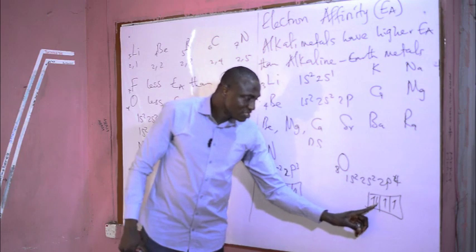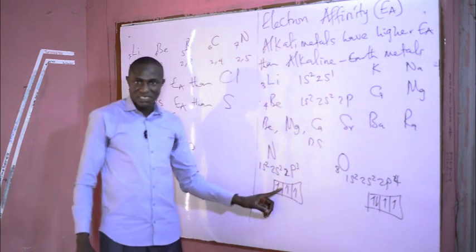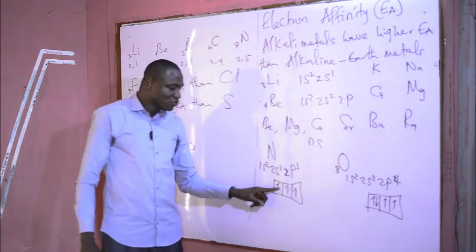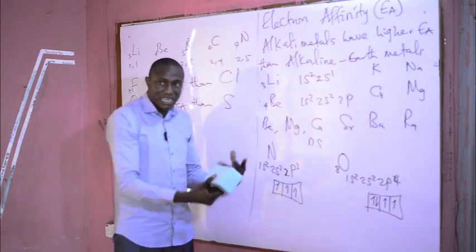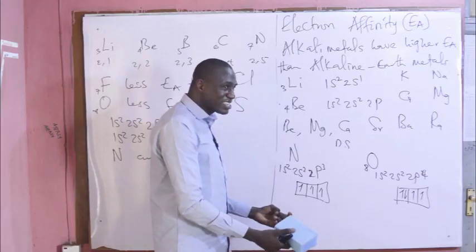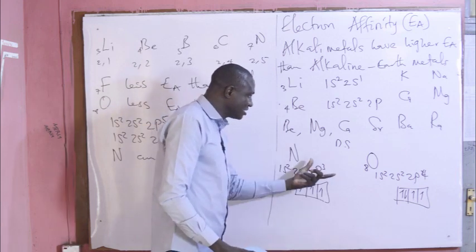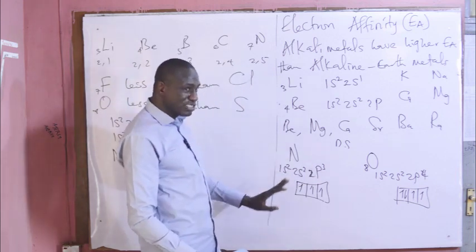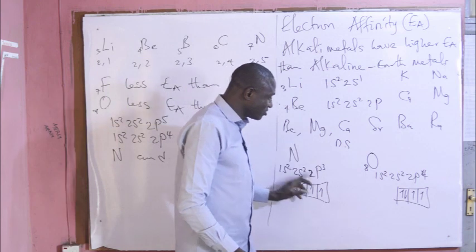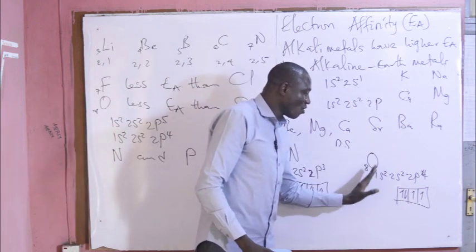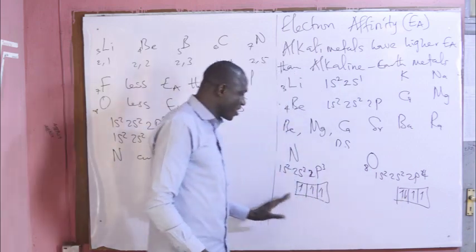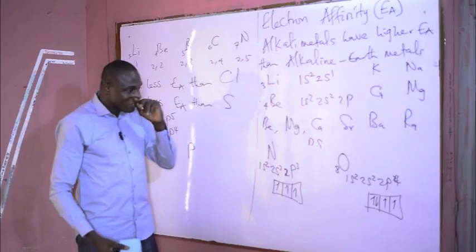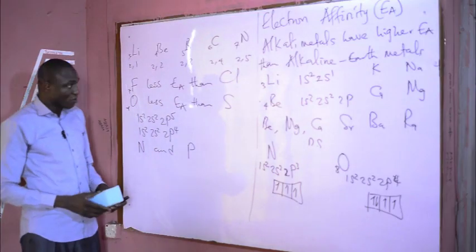So this is not as stable as compared to this. So adding an additional electron to nitrogen requires more energy due to that p orbital extra stability. So in that case, lower energy will be released when an electron is added to the neutral atom of nitrogen, compared to the neutral atom of oxygen, which has less stability compared to the nitrogen atom. So these are the observations that students must take careful note of.